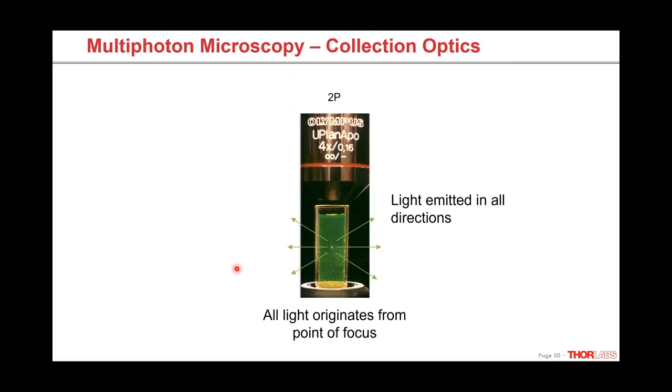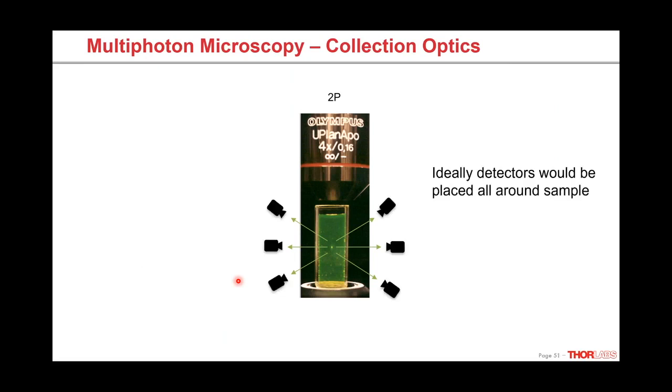Now, the light from multiphoton is emitted in all different directions. So ideally, to pick up this light, we would like to put detectors in a sphere around the sample to totally collect the light that goes in all the different directions. Now, unfortunately, this is not really practical. So most multiphoton microscopes just collect the light that is collected through the objective.